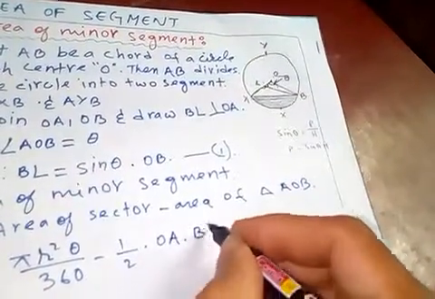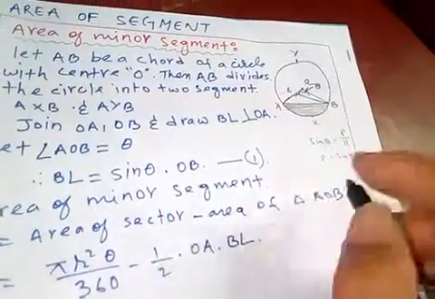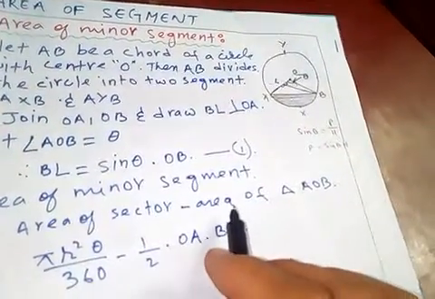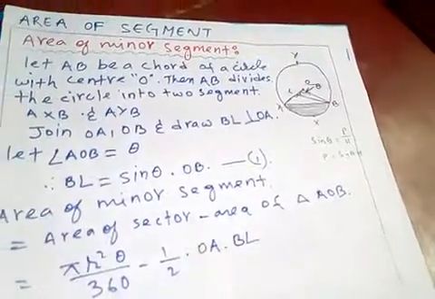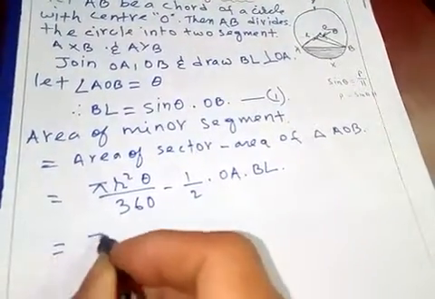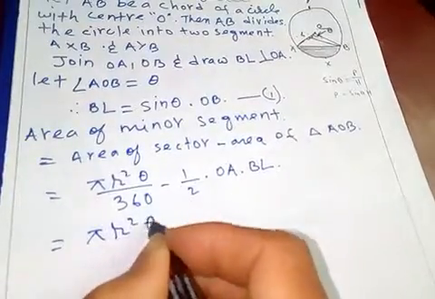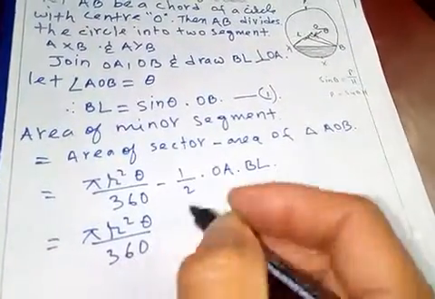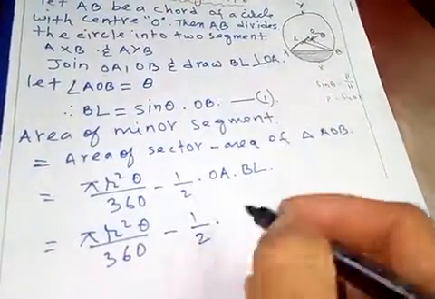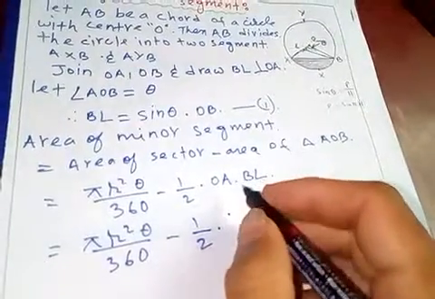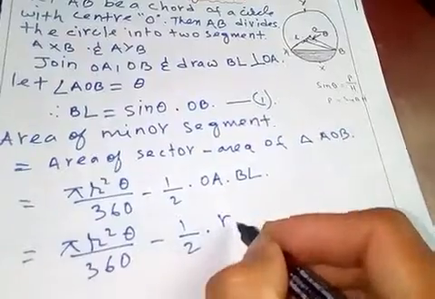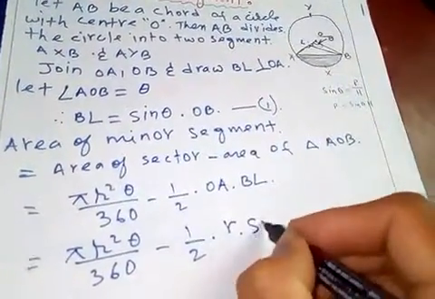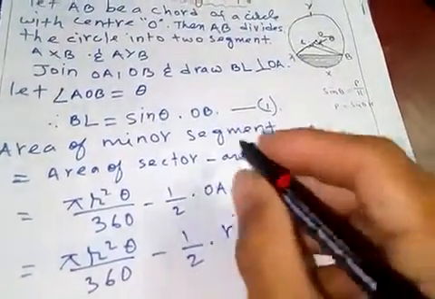Why do we find BL here? Because we need it in the area of the triangle, so that's why I found it first. So it is pi r squared theta over 360 minus half, OA is the radius, and BL is sine theta into OB.